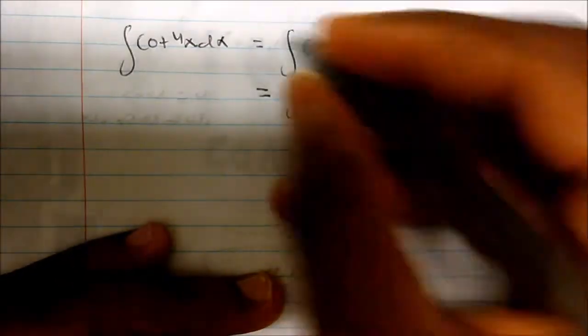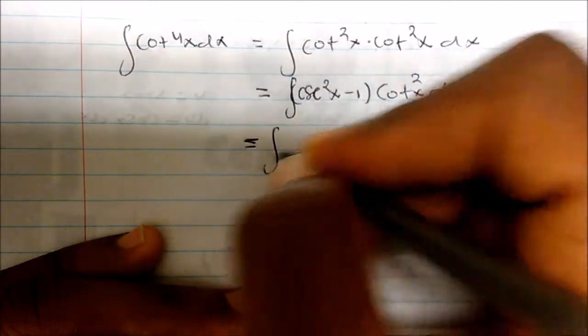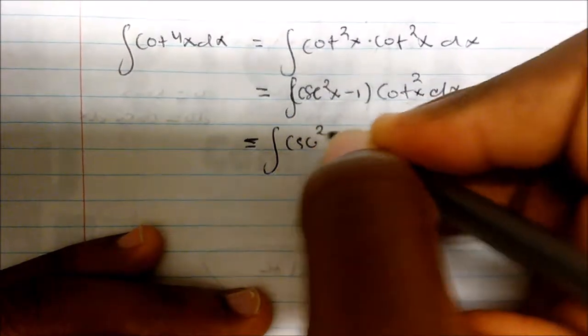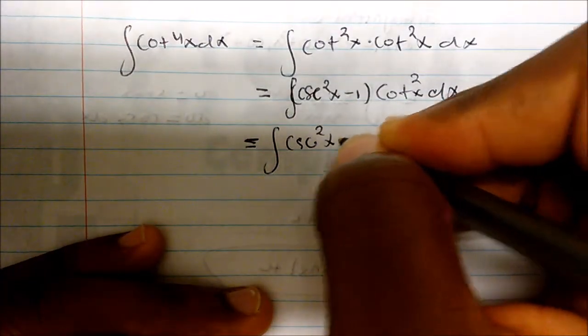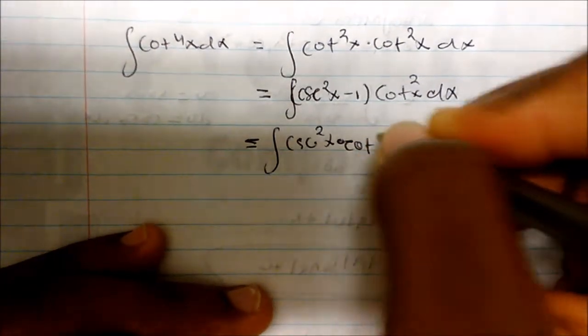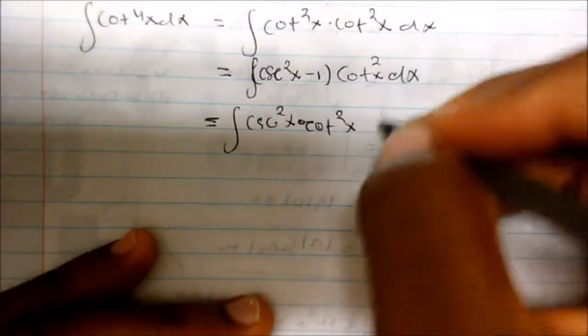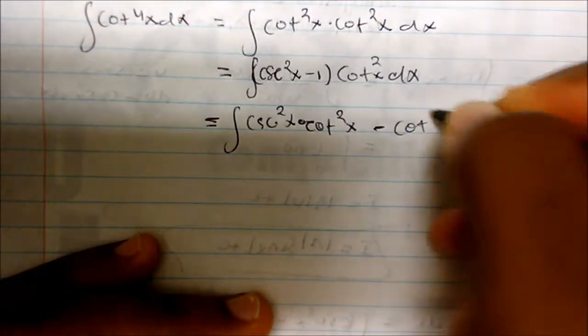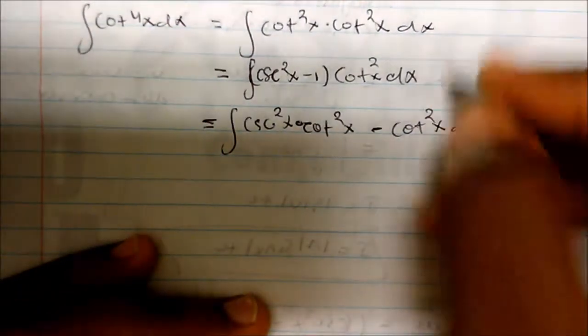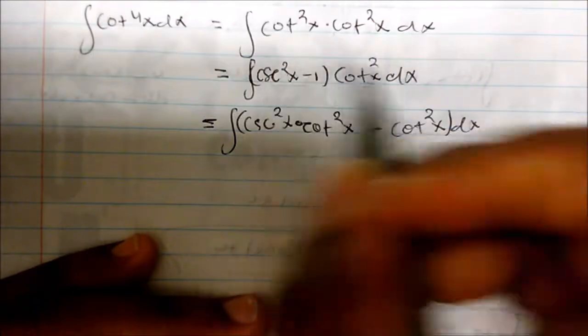And so if I look at this, when I distribute, this now becomes the integral of cosecant squared of x times cotangent squared of x minus cotangent squared of x dx, okay? And all I did was just distribute this all inside.